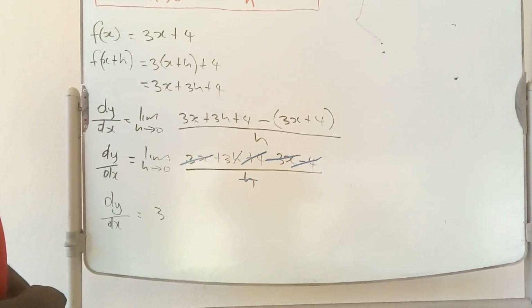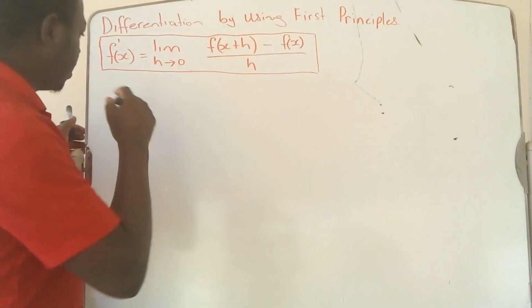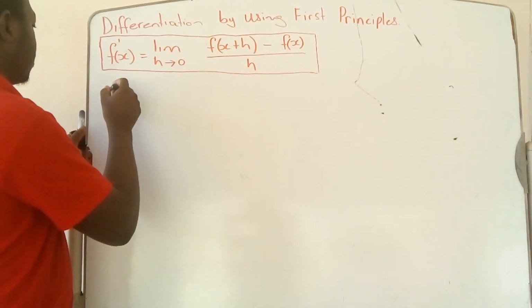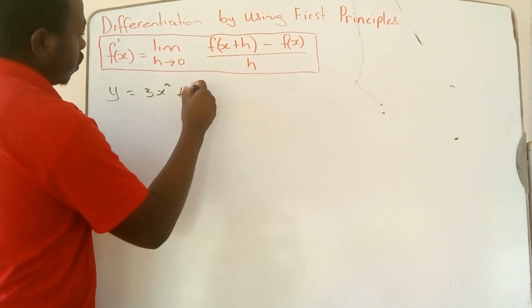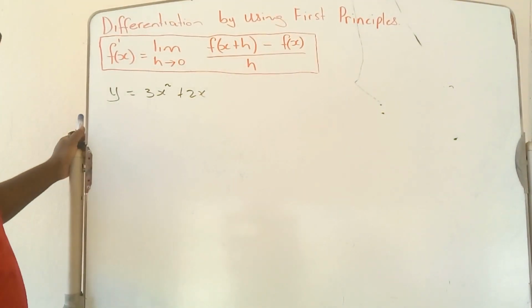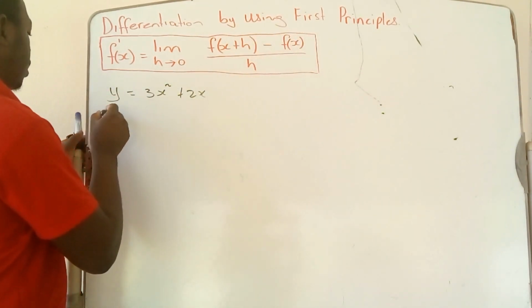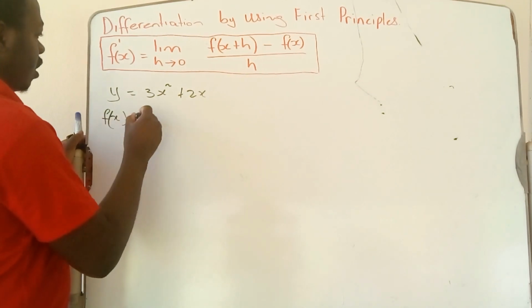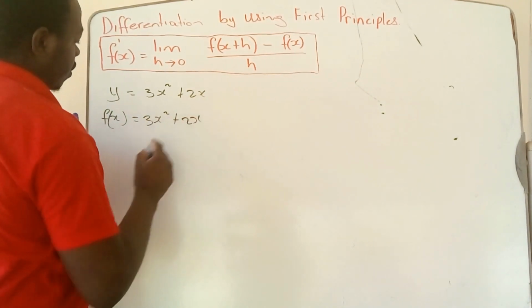So now, what we're going to do is to look at another example. So let's say that we have another function, and this function is y is equal to 3x squared plus 2x. And you are asked to differentiate this function using first principle. We need f of x, right? So we know that f of x is equal to 3x squared plus 2x, right?